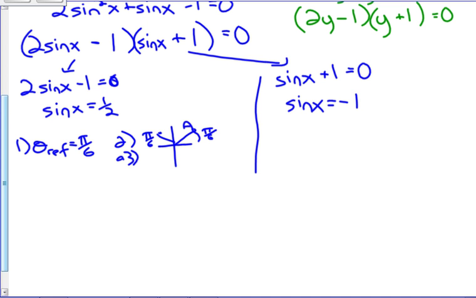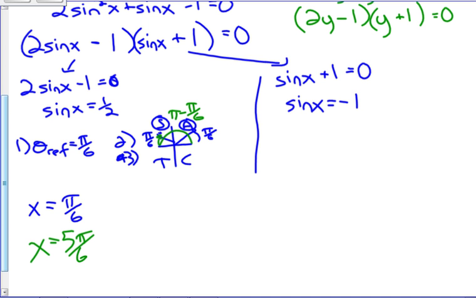I knew that it was going to be positive in A and S. So that's 2 and 3 all together. And as answers, I'd have pi over 6. And I'd have this other one over here, which would be pi minus pi over 6, or 5 pi over 6. Those are solutions in the first revolution that come from this elementary equation.